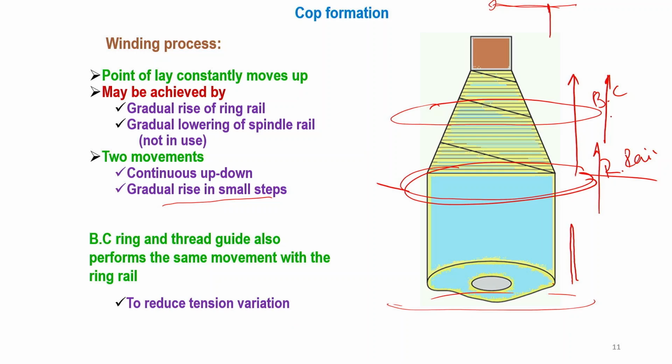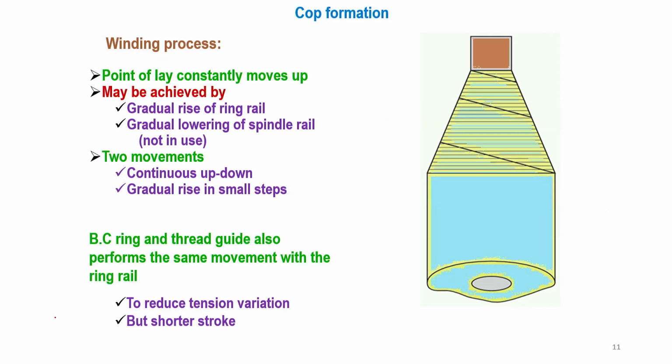The balloon control ring has to move to reduce the tension variation, but with a shorter stroke. If the ring rail moves at the larger stroke, the balloon control ring will move a short distance.